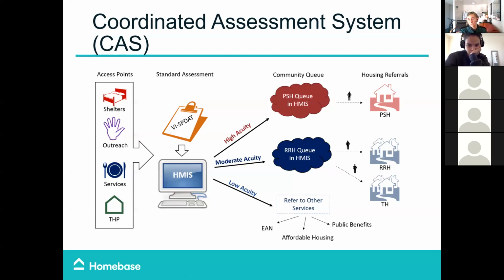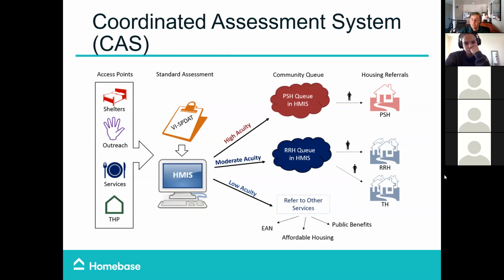So coordinated assessment provides access, and then it assesses each person, and the system has a way of prioritizing so that each person is referred to the resource or the project that we think is most likely to meet their needs of all the things that are available, and the system makes that referral.